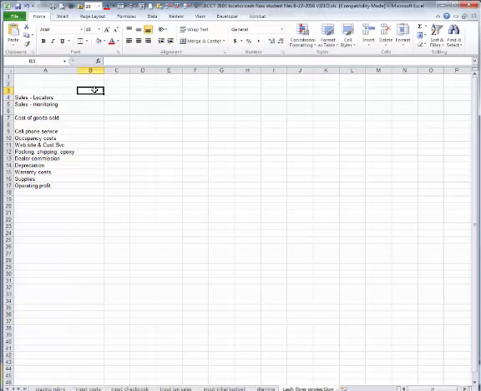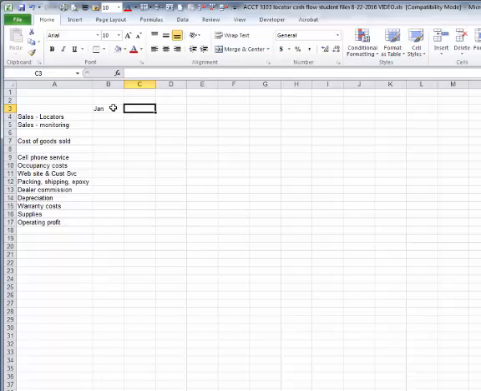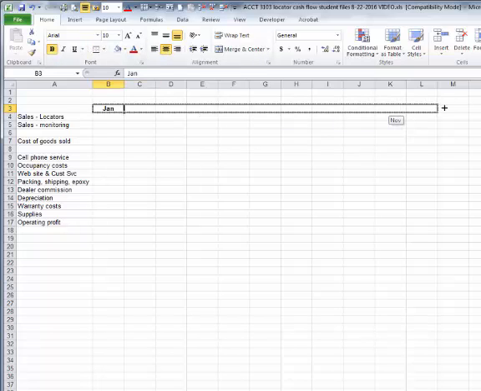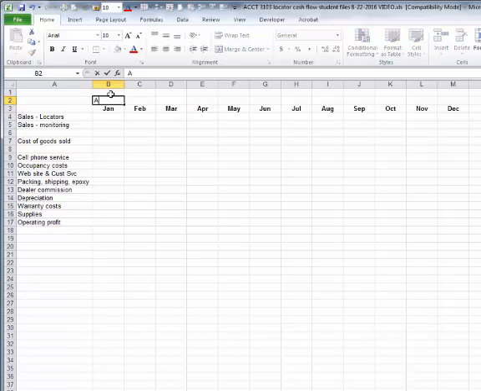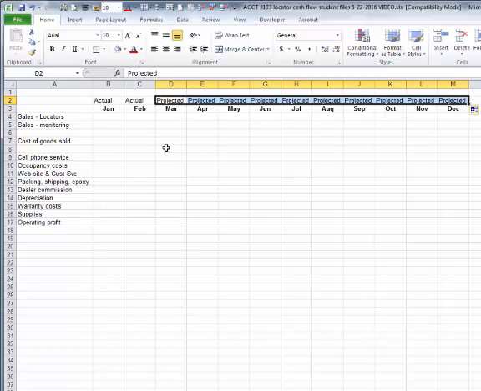Alright, so we already know January and February. I think a year is probably a pretty good span of time. Let's go ahead and work on 1 year of cash flow projections. So we have actual for the first 2 months, and then the rest of the months will be projected.